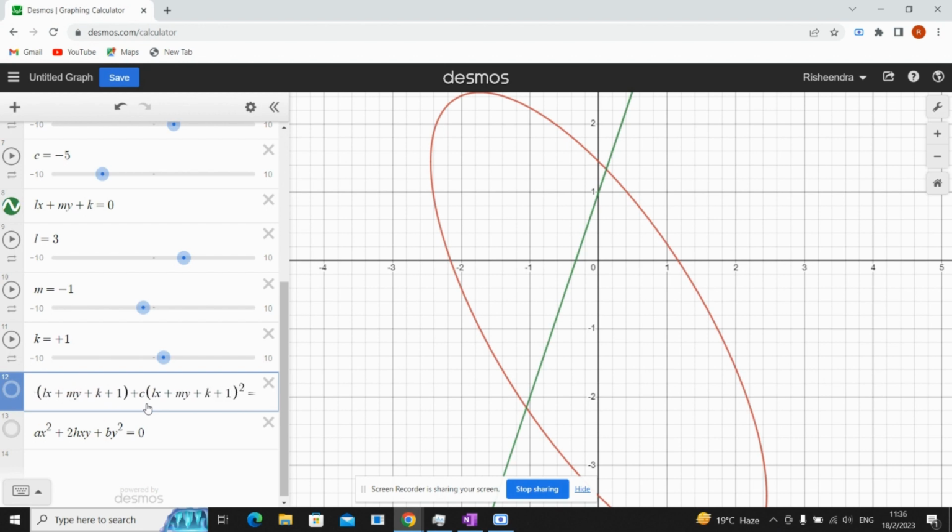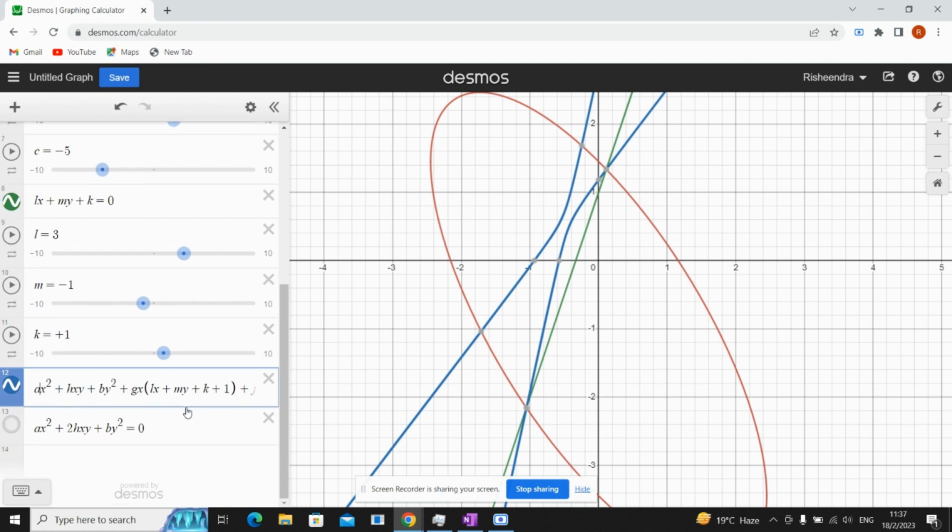To make the pair of straight lines go through the origin, we multiply it with the whole square. If it is not a square, c into this, you can see there is a constant in here. When you multiply c with this one, you will get a constant, which is not going to be in the format of ax square plus 2hxy plus by square equals 0. Okay, let's see how it's going to look.